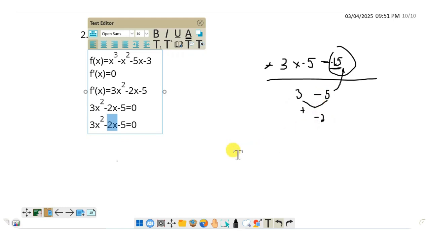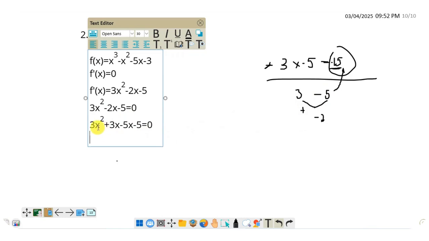Then it's going to be positive 3x minus 5x, right? So you see positive 3x and negative 5x. When you work them out, they give negative 2x, the one we put here. So I'll just simplify that.